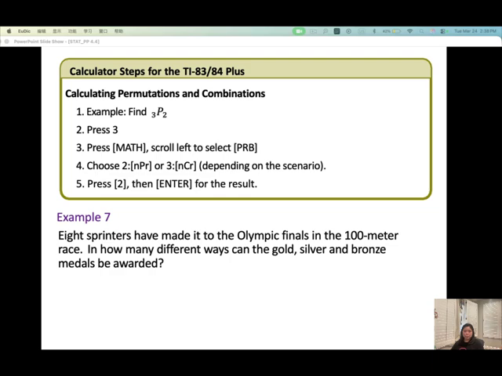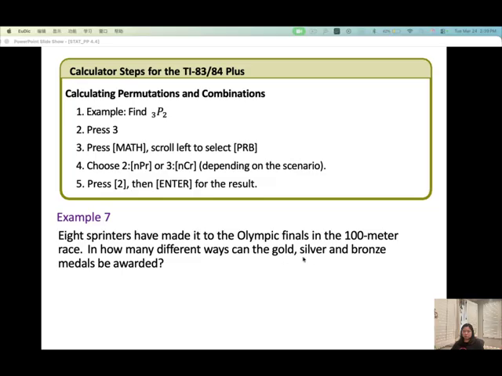Example 7. 8 sprinters have made it to the Olympic finals in the 100-meter race. In how many different ways can the gold, silver, and bronze medals be awarded? So we have 8 sprinters, and we want to see how many different ways they can get the gold, silver, and then the bronze.